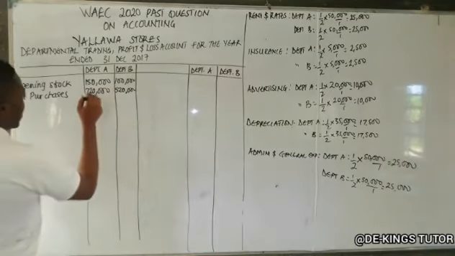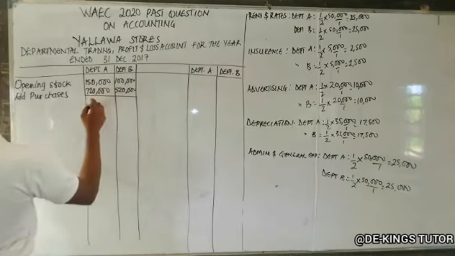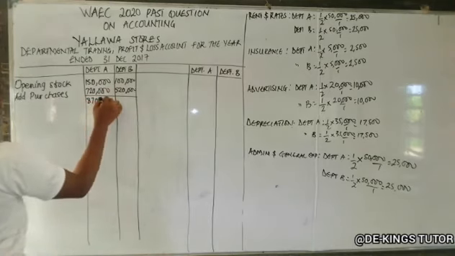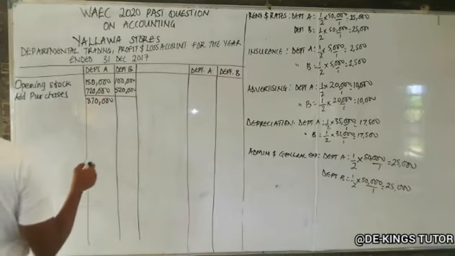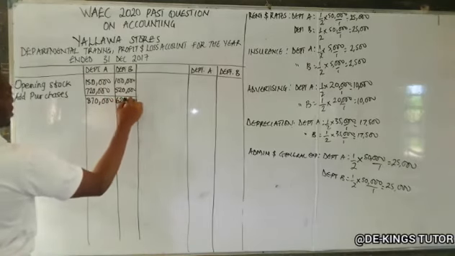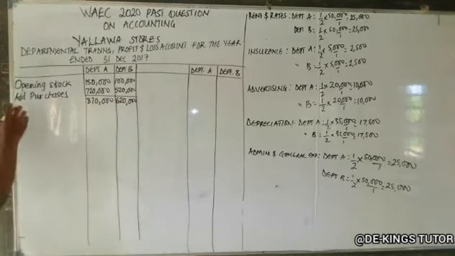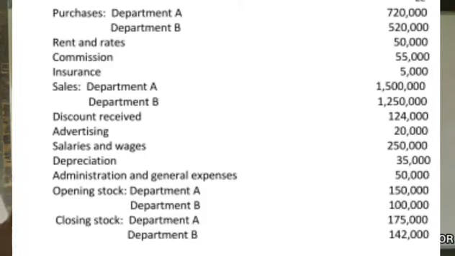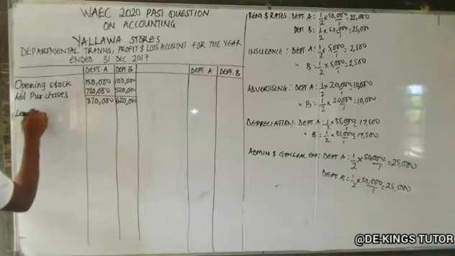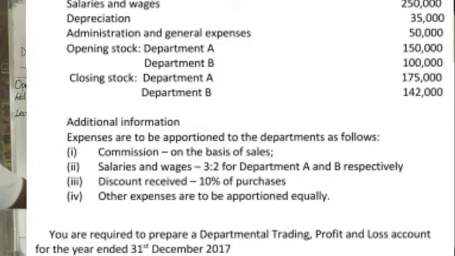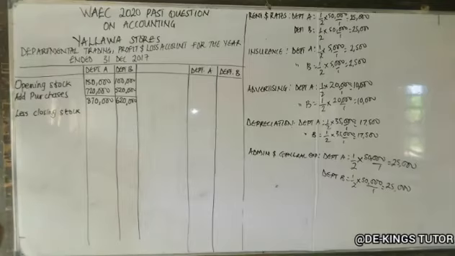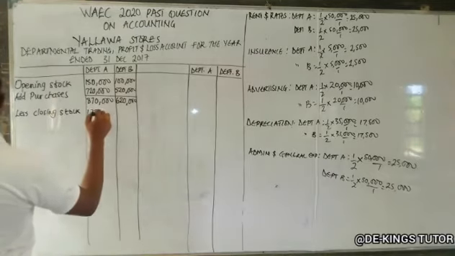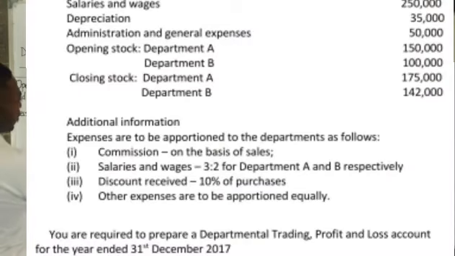Okay, so if you add them together, this plus this will give us 870,000, and this will give us 620,000. So we check if there's carriage inward, but there is none. Check if there's return outward. There is none. So let's do our closing stock. In the question there, closing stock has two departments also, Department A and B. Department A is 175,000, while Department B is 142,000.